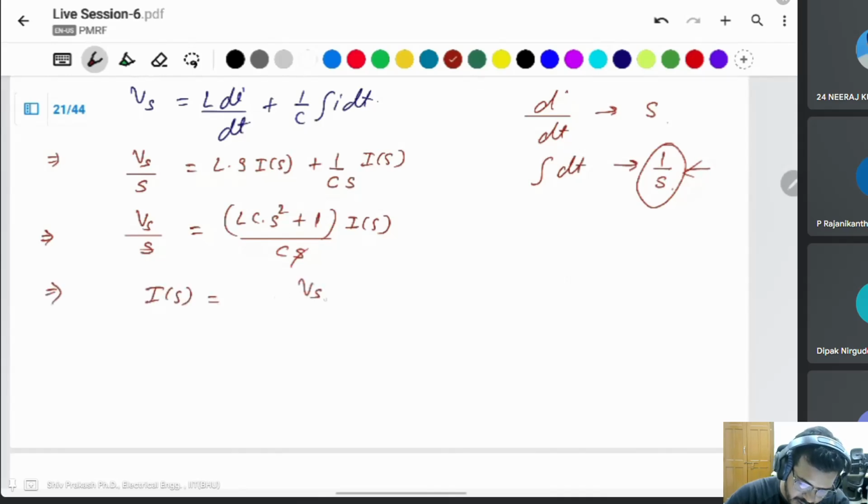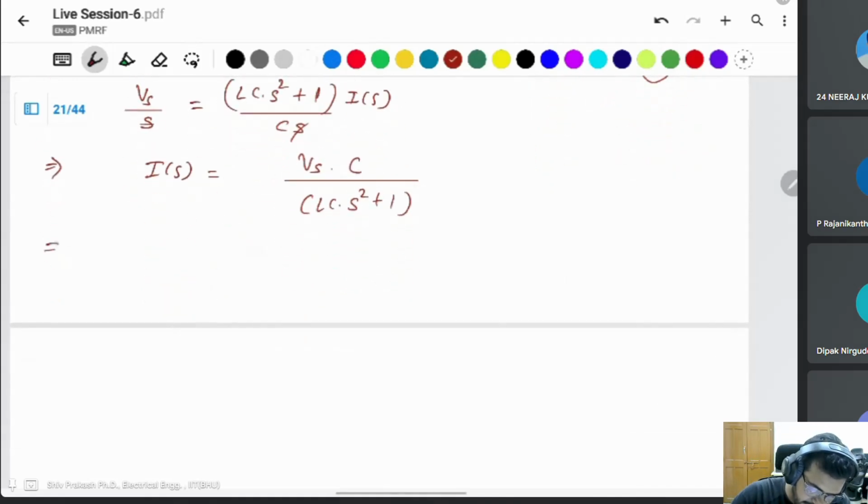Is is Vs into C divided by LC into S square plus 1. Sorry, take LC common: Vs into C divided by LC, then 1 divided by S square plus 1 by LC.